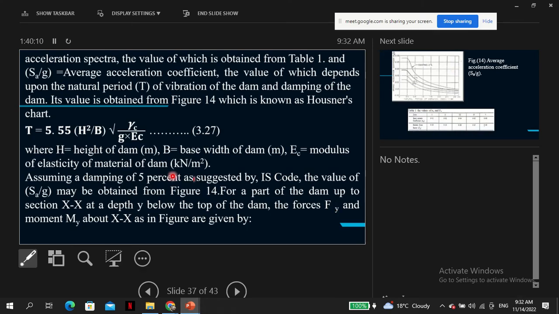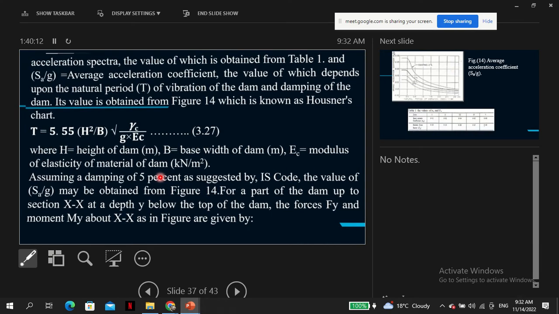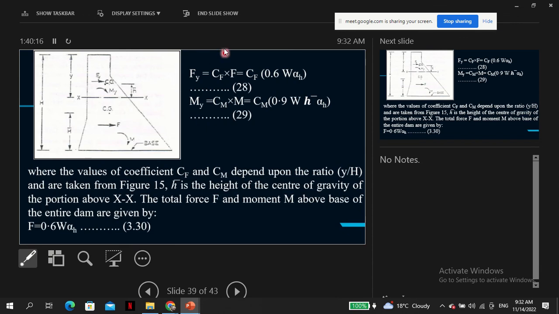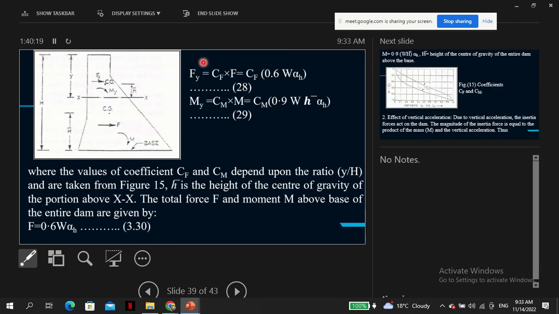Okay, so this is how to calculate the Fy, sorry, the force, and this is also how to calculate the moment, where the values of coefficients Cf and Cm depend upon the ratio y over h and are taken from figure 15. h bar is the height of the center of gravity of the portion XX.